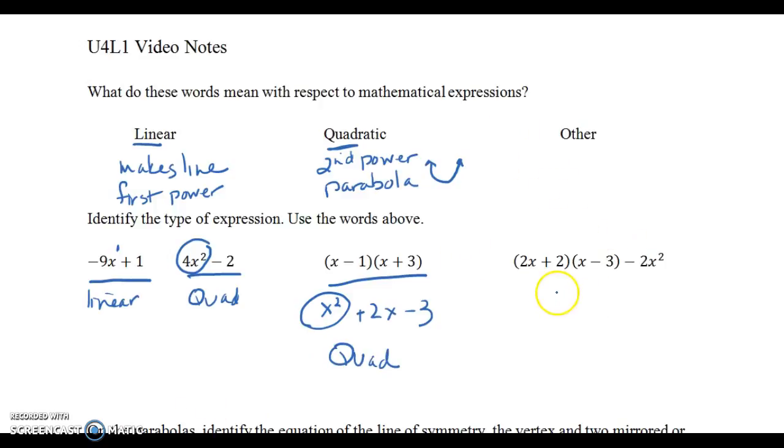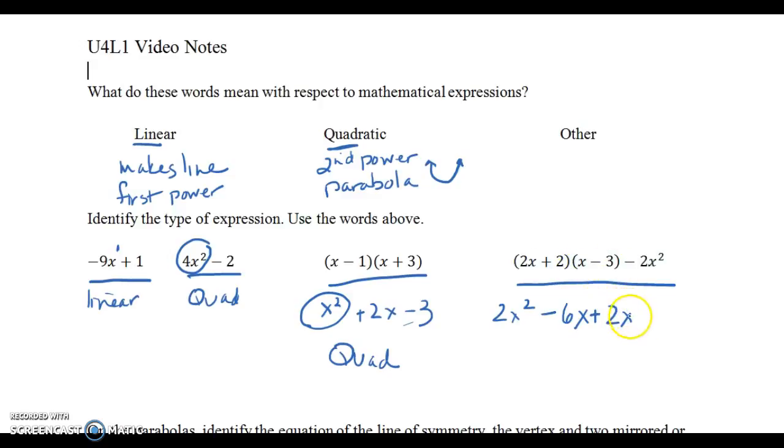If you look at the final example that I have here, again we have two binomials, two linear binomials that we're multiplying with each other, and then we're subtracting out some other term, the negative 2x squared. So if we multiply out our two binomials, we get 2x times x, which is 2x squared. 2x times negative 3 is negative 6x. Then 2x times x gives us plus 2x.